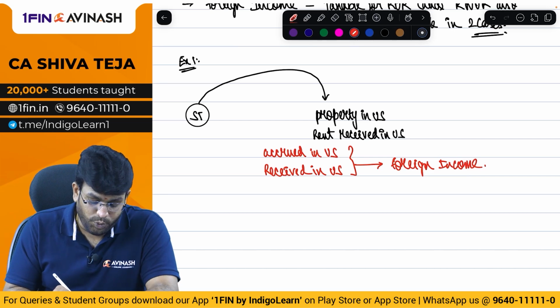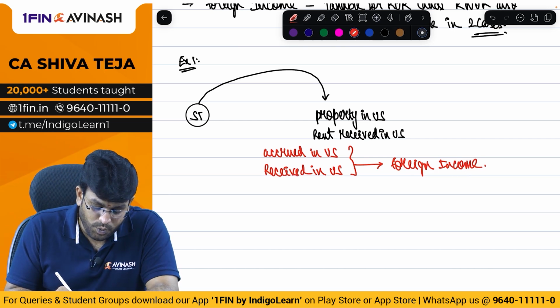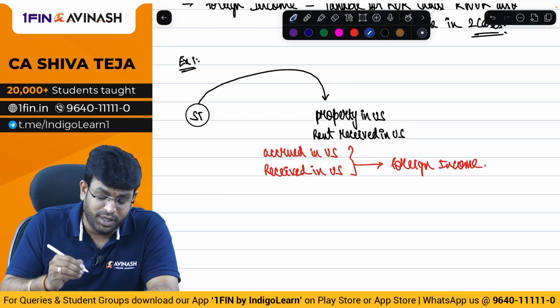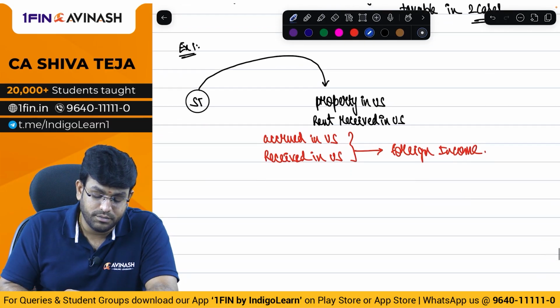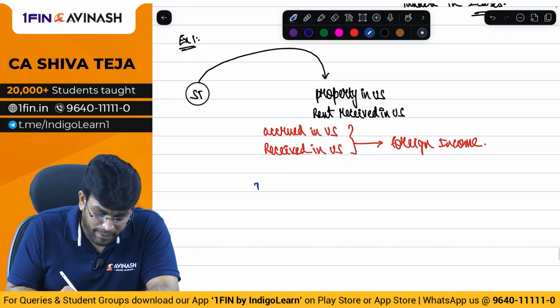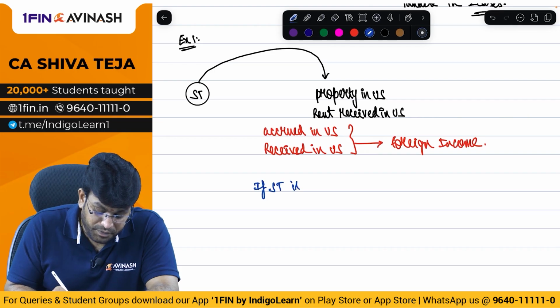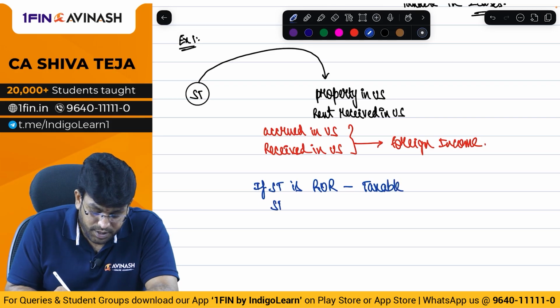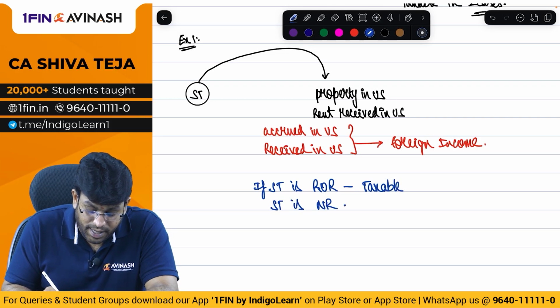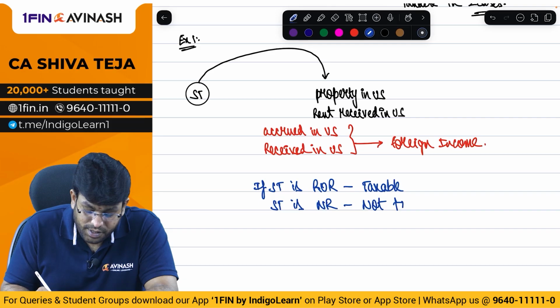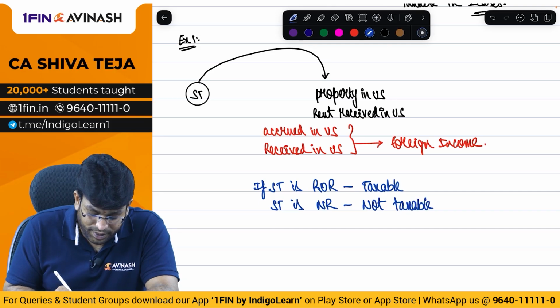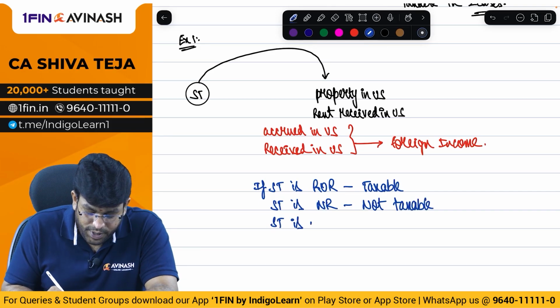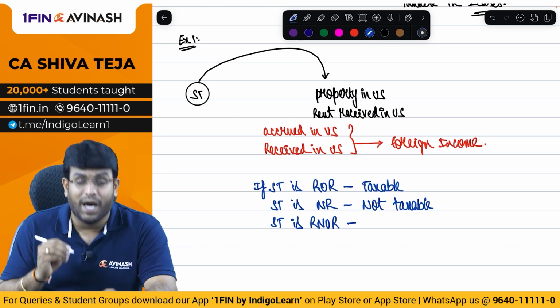See now. Accrued in US, received in US. We treat it as foreign income. Now what will happen? If Shiva Teja is ROR, then definitely the answer is taxable. Next, if Shiva Teja is NR, definitely the answer is not taxable. And finally, last question, what will be your answer if Shiva Teja is RNOR?